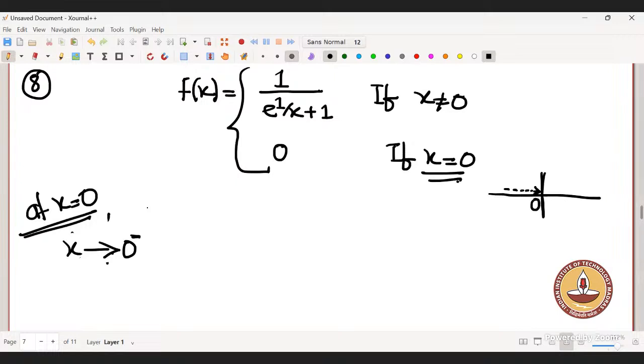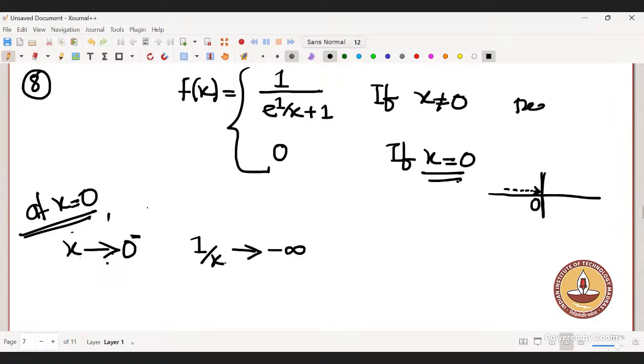In that case, where will 1 by x go? It goes to minus infinity, because you are coming to 0 from the negative side, so all the numbers are negative.